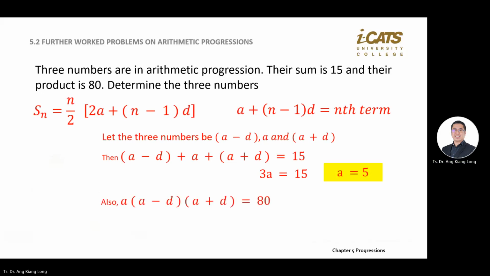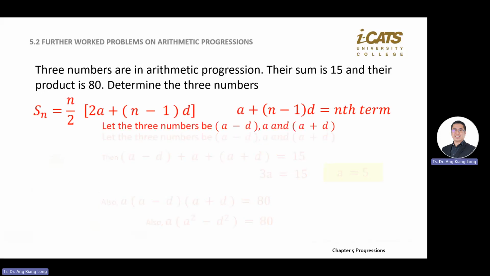Okay, so another piece of information given is that the product is 80. So you use the product, which is A(A minus D)(A plus D) equals 80. You expand it, you get a quadratic equation, not quadratic, a cubic equation, right? You get something like this. But you already have A, right?